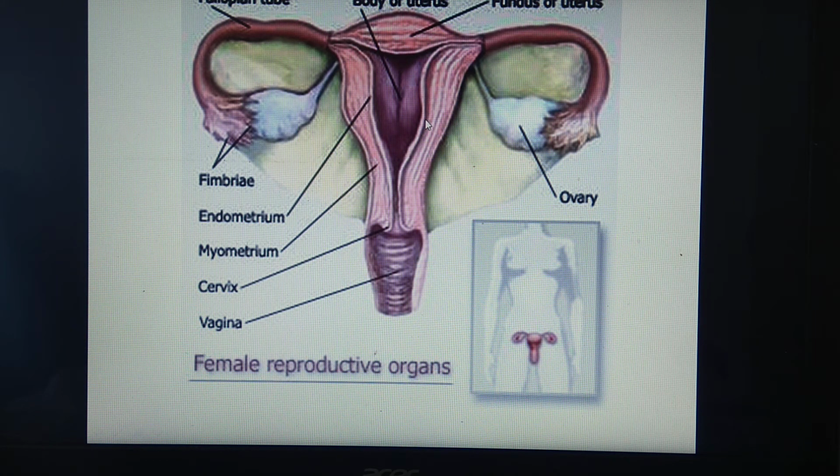The layer of endometrium undergoes cyclic changes during the menstrual period. So the endometrium is the important layer, and the second one, this middle layer, is the myometrium, made up of muscles, and these muscles show vigorous contraction during labor, during parturition, that means during childbirth.